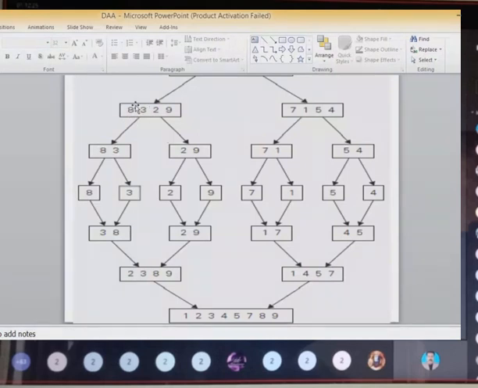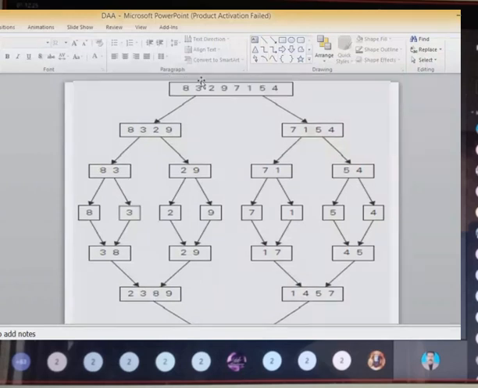Okay, so first is the large single array, 8 3 2 9 7 1 5 4, right? This single array is divided into two arrays, the B array and the C array. Now the B array is 8329, the C array is 7154. Clear, everyone? Again, divide this 8329 into 83 and 29.